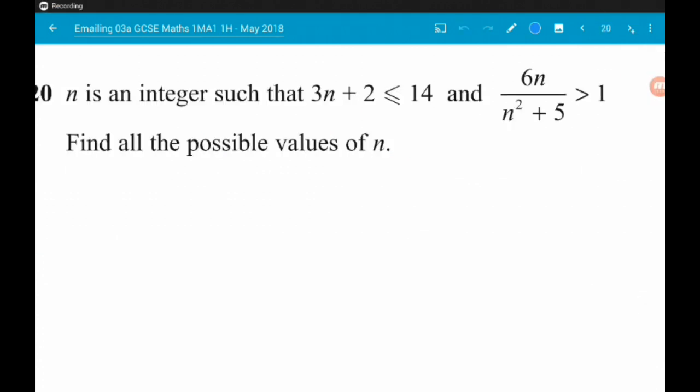Okay, question 20. So n is an integer, so a whole number, such that 3n plus 2 is less than or equal to 14, and 6n over n squared plus 5 is greater than 1. We want to find all the possible values of n.